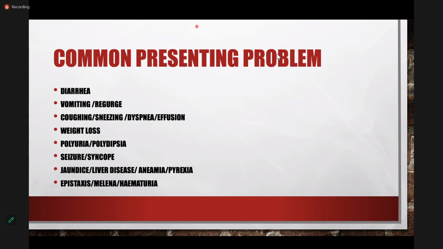Because actually regurgitation is a more serious problem than vomiting. Mas gusto ko na yung vomiting kaysa regurgitation. Coughing, for example, can be caused by the lungs. Coughing can be caused by the heart.